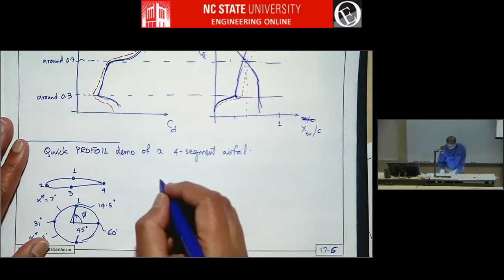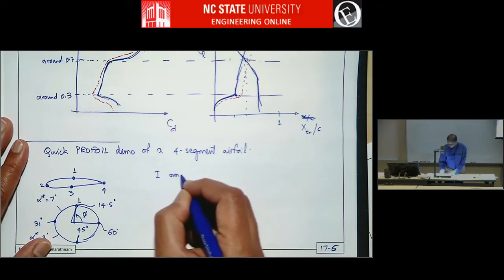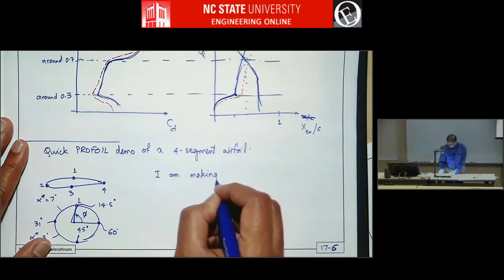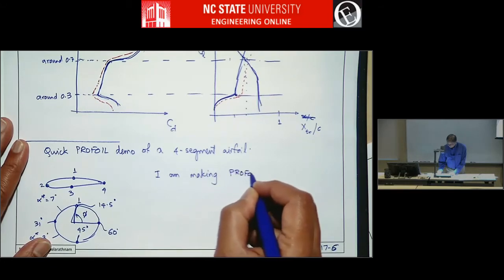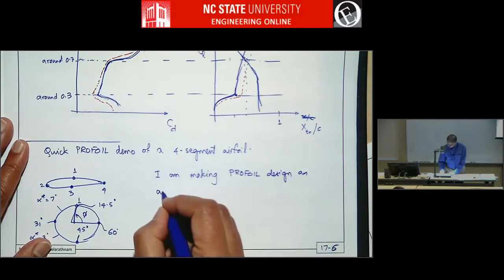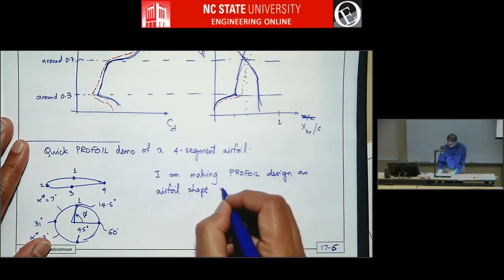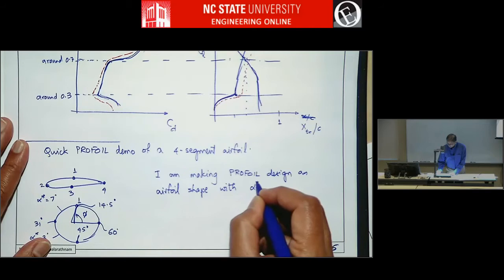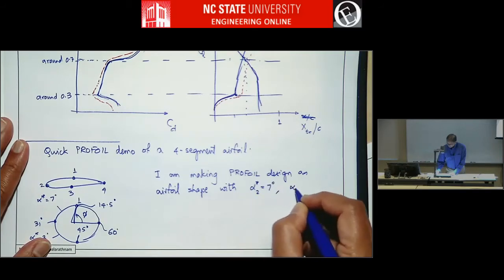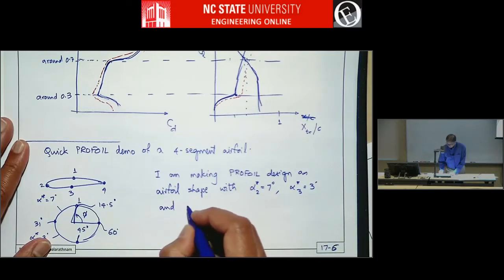And I'm plotting, so what I've asked Profile to do, I'm making Profile design an airfoil shape with alpha star of 2 equals 7 degrees, alpha star of 3 equals 3 degrees, and plotting.